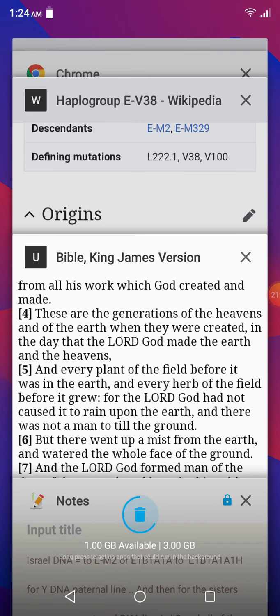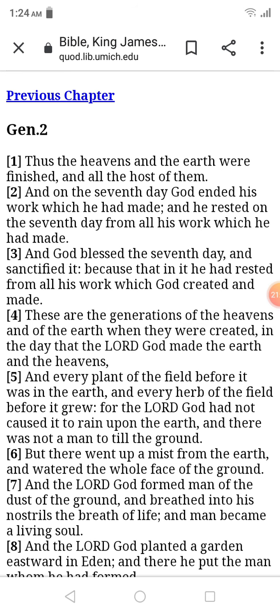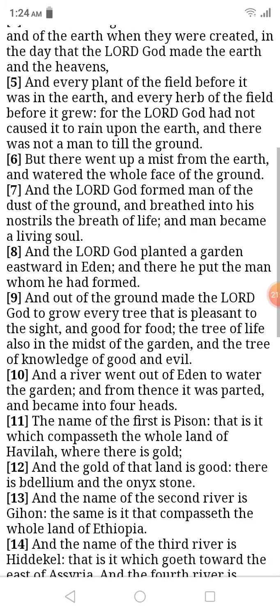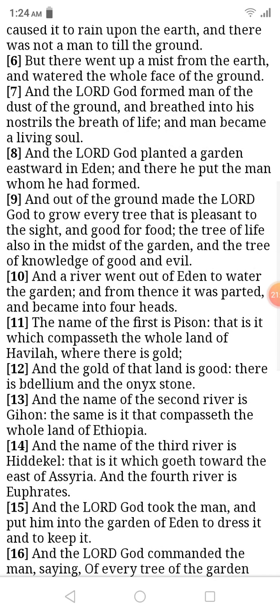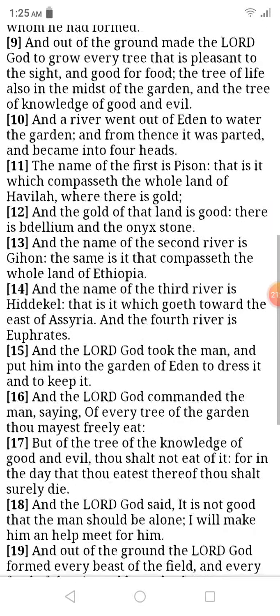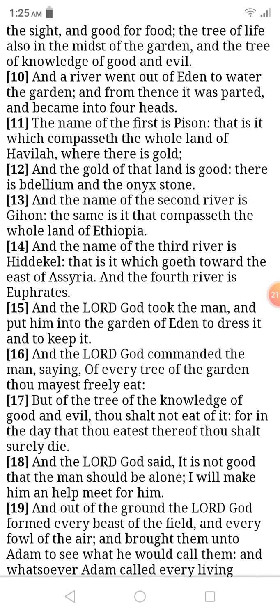Did I lose it? No. Okay, here we go. So we are looking at Genesis 2 KJV. We go down to 10, and this is the area where you find the information about Eden and Shemitic people in general, but the whole geography of Israel's content and inheritance.